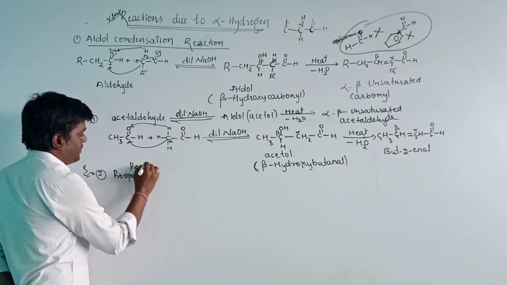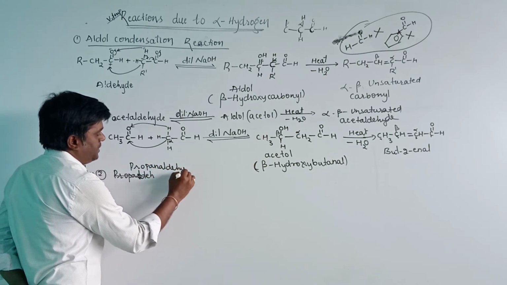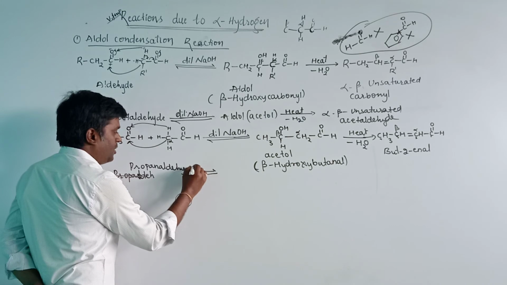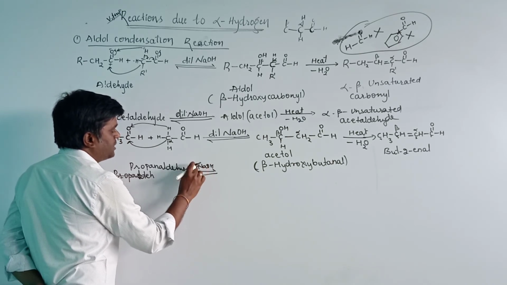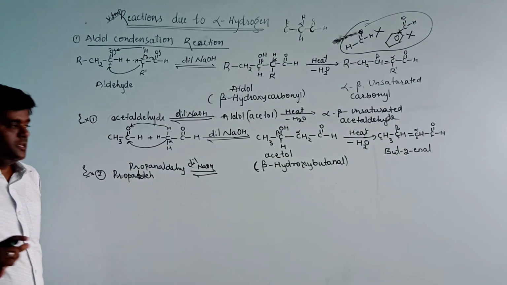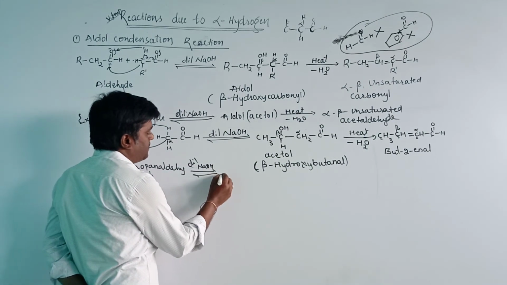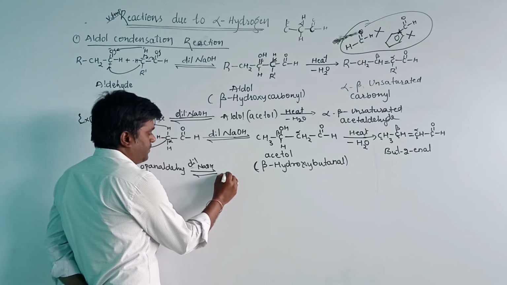When propanaldehyde reacts with propanaldehyde in the presence of NaOH, the NaOH must be in dilute condition, then it will produce an aldol.